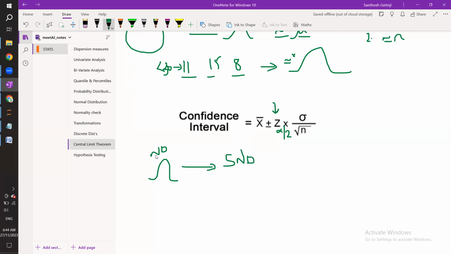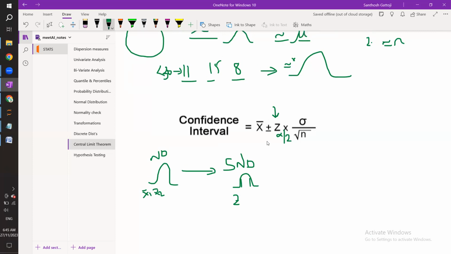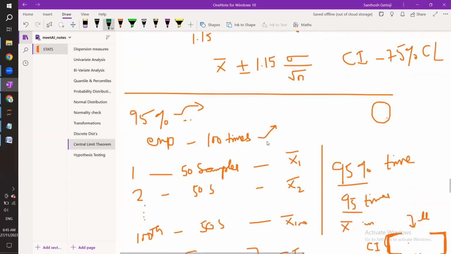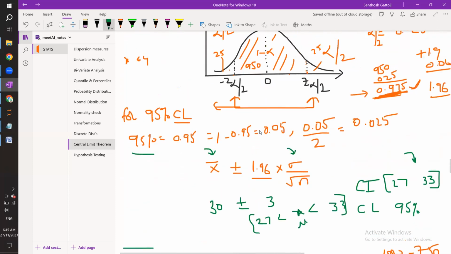So all these values x1 bar, x2 bar, the sample means that create the sampling distribution, will be converted into corresponding z values. If you guys forgot, let me show the diagram.